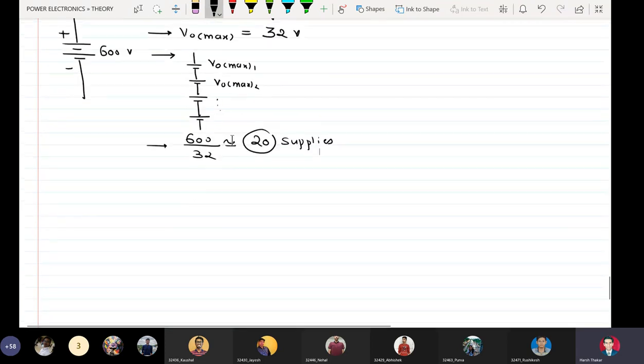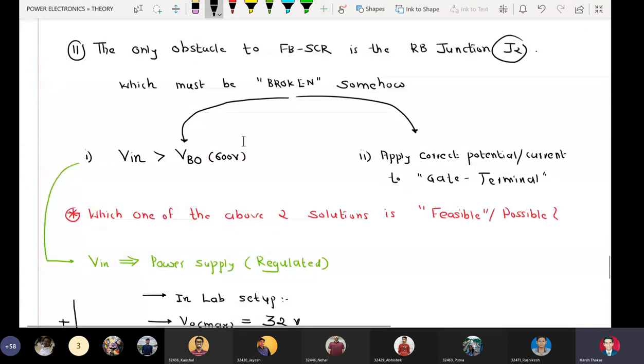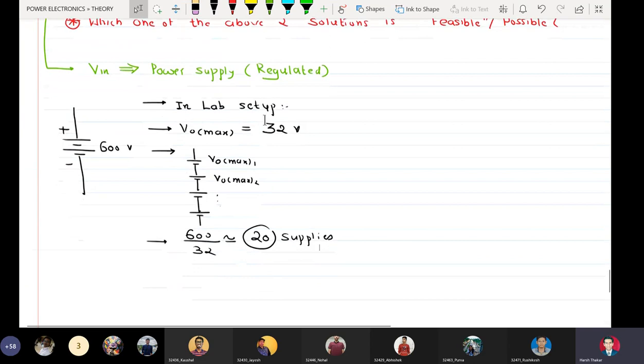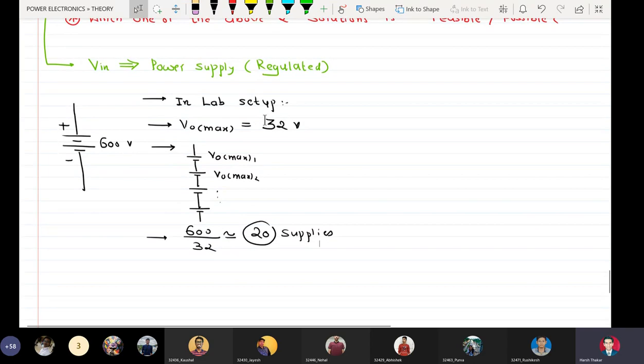So if I want to conduct the SCR in the absence of gate drive in a lab setup, then I need to connect 20 power supplies with their maximum output voltage in series. Then it is possible to fire only one SCR. It is a waste of resources to engage 20 power supplies to fire an SCR. So we say that it is not only impossible, it is foolishness.